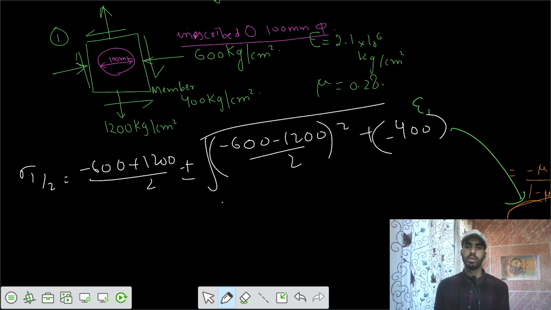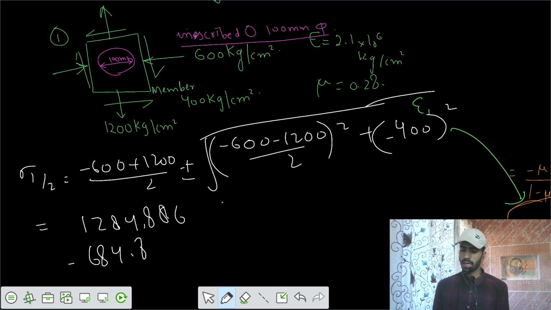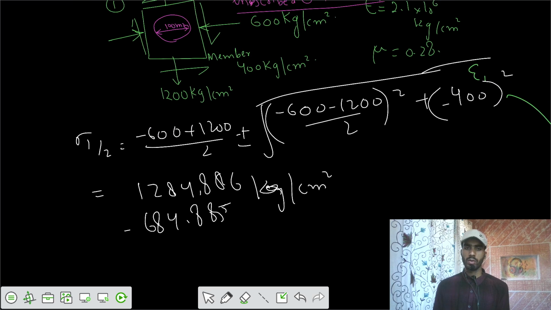Tau is negative. So you have major and minor principal stresses of 1284.886 and minus 684.885 kg per centimeter square. So you got this part.